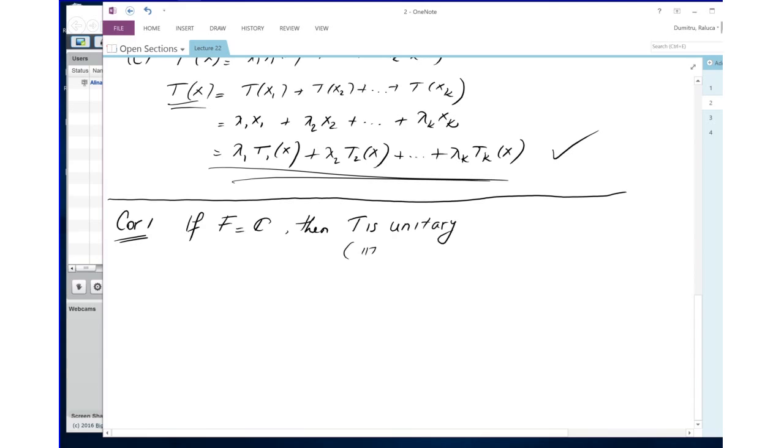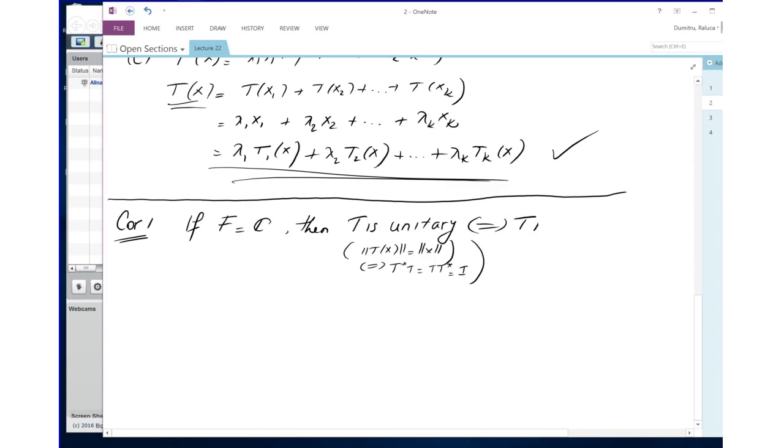Remember that unitary means this: the norm of T of x is the norm of x for every x in V. And there was a theorem with several things that were equivalent. One was that T star T equals T T star equals identity. So it was more than normal, right? Normal plus something else. So unitary if and only if. We're going to restate that something else now.